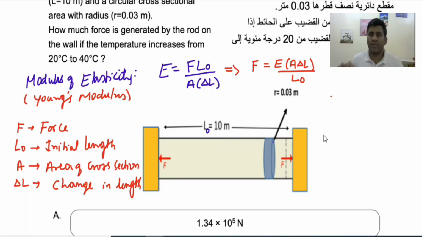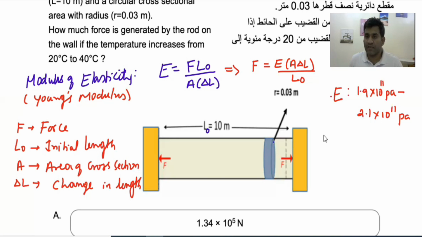In general, at room temperature, that is 25 degrees Celsius, the value of the Young's modulus ranges from 1.9 times 10 to the power 11 to 2.1 times 10 to the power 11 Pascal.